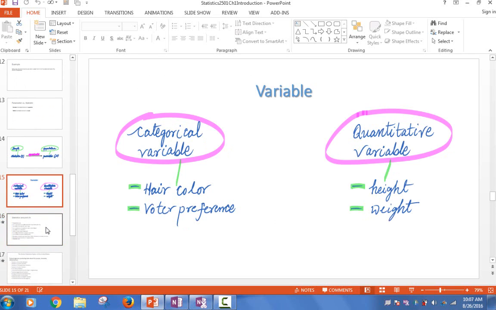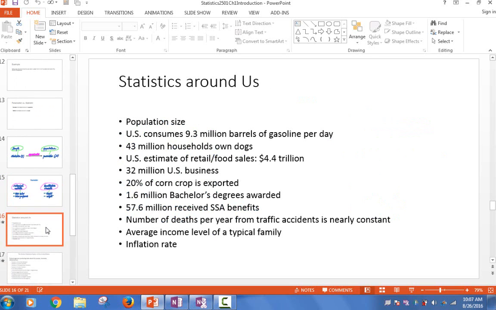And I'm going to come back with some examples in a bit, but I wanted to give you some examples of the statistics around us. Certainly, one of the reasons statistics, even I posted a video in Moodle, the joy of statistics. If you have seen it, you have seen a little bit of a history of the statistics. Statistics started with the kings and queens who wanted to know the demographics of their kingdom.